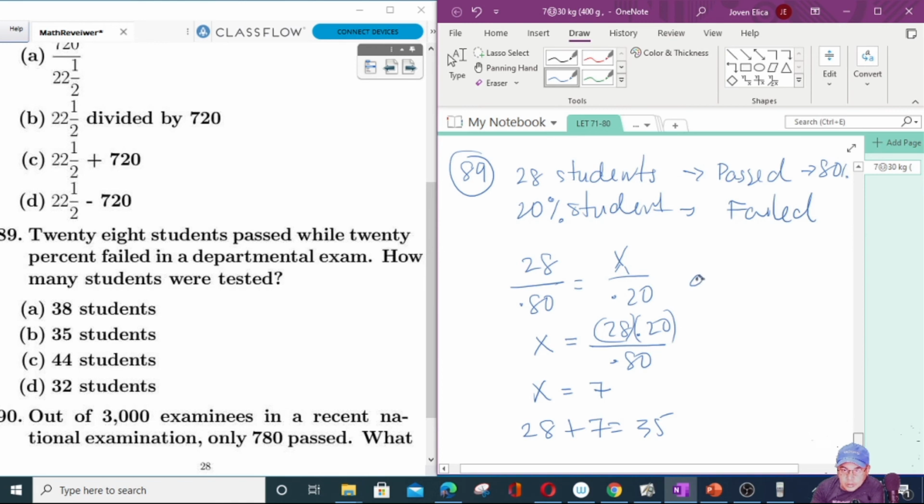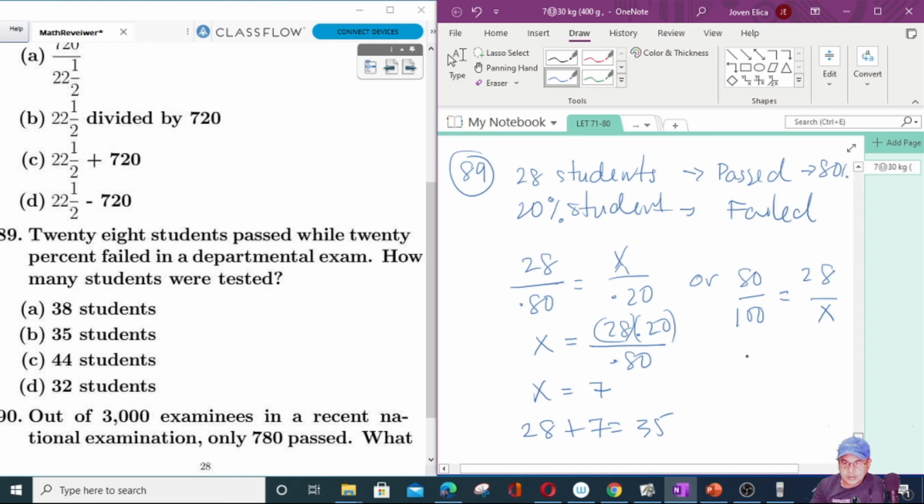Or we can also use 80% by 100 is equal to 28 over X. Out of 100, 80.